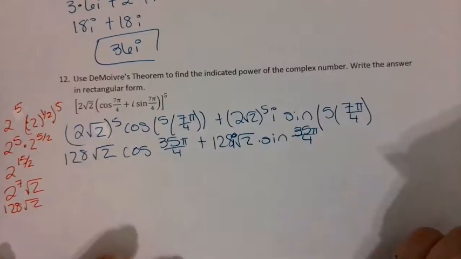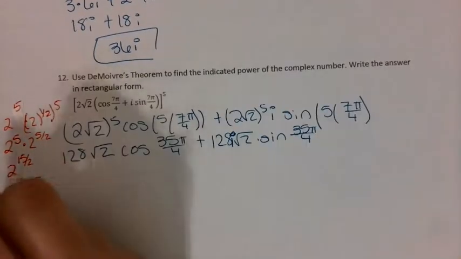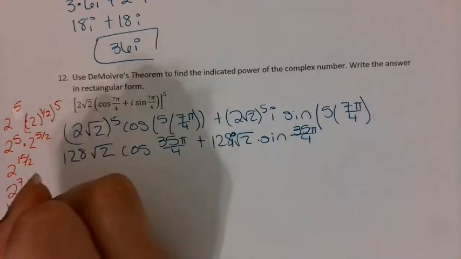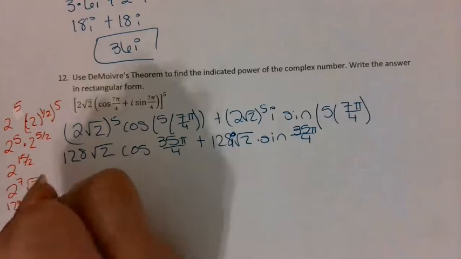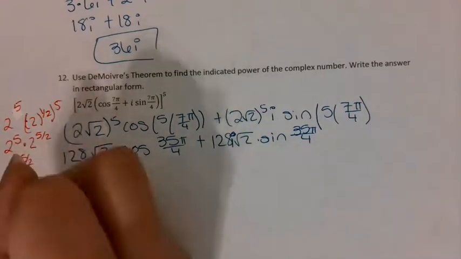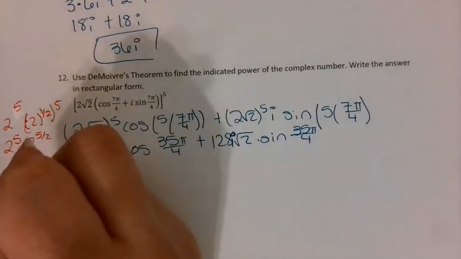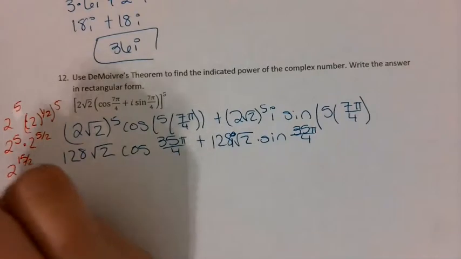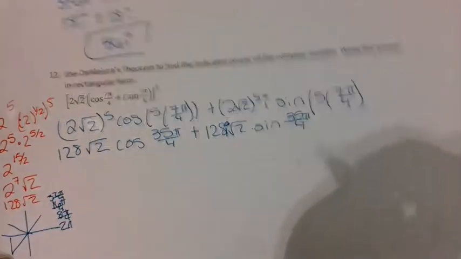Then I need to find the values of 35 pi fourths. 2 pi would be 8 pi fourths. Another circle would be 16 pi fourths. Another circle would be 32 pi fourths. 1, 2, 3. I end up in the third quadrant to get to 35 pi fourths.